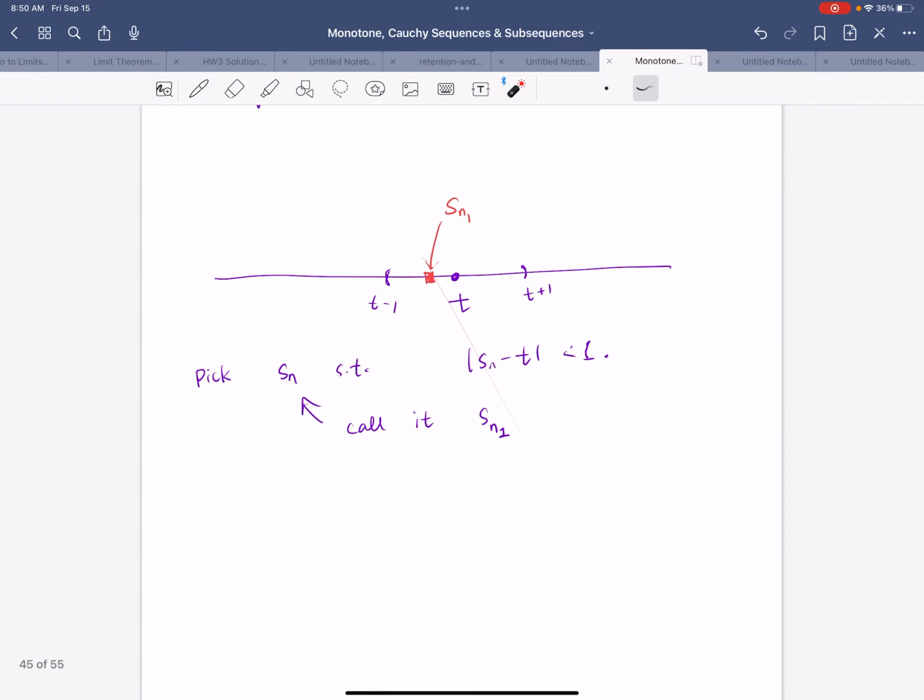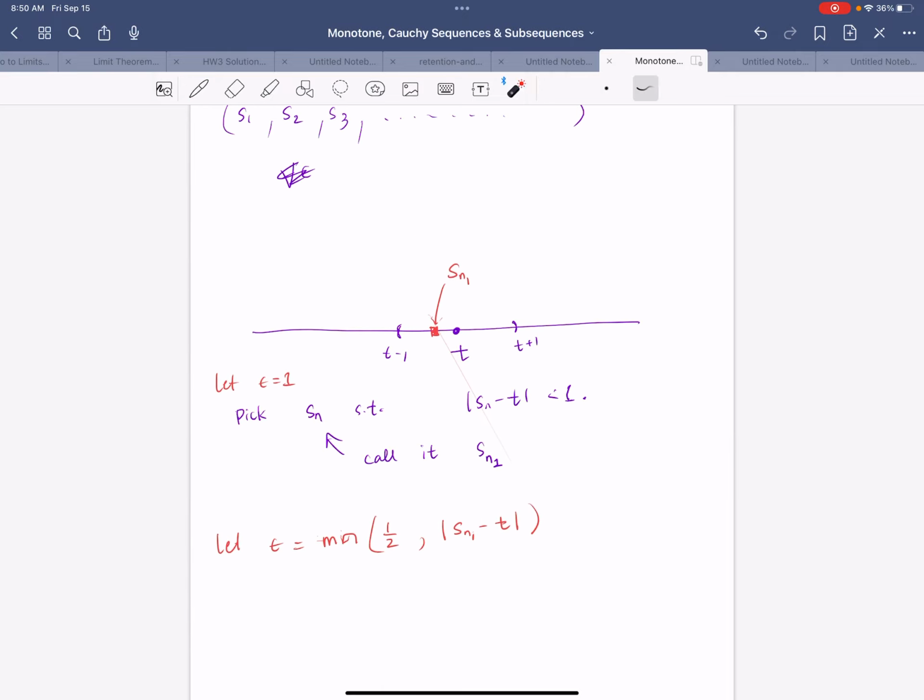So we're going to say let epsilon, so this was let epsilon equal 1. That got us Sn1. Now we're going to say let epsilon equal the minimum of 1/2 and the distance between Sn1 and T.